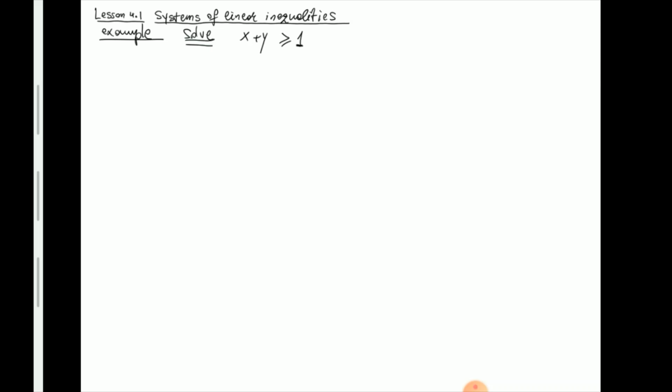And let's say x and y are some physical quantities, like for example, number of items of a certain type, which means they can't really be negative numbers. So let's say x greater than 0, y greater than 0. But let's focus on the first inequality, and then we'll worry about the positivity condition if you want.